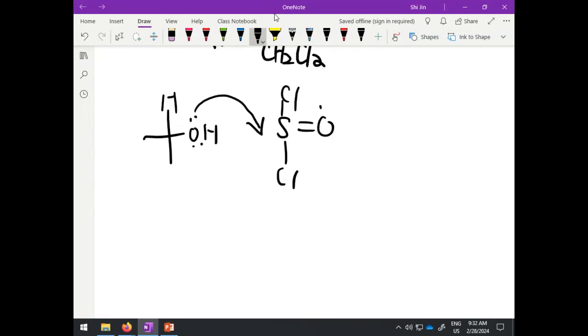I'm going to show you the full mechanism. If it attacks here, then certainly you're going to form a sulfur that will become an SO single bond.